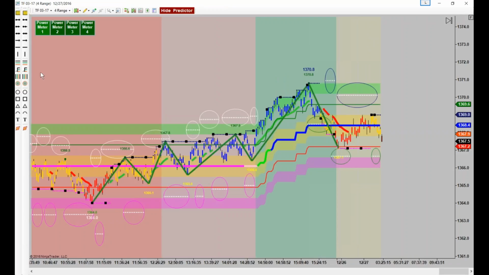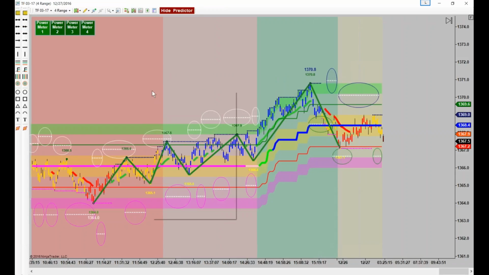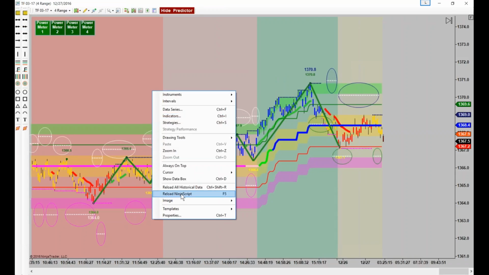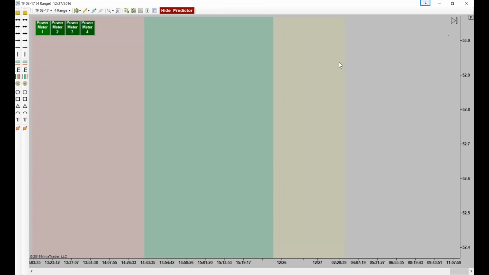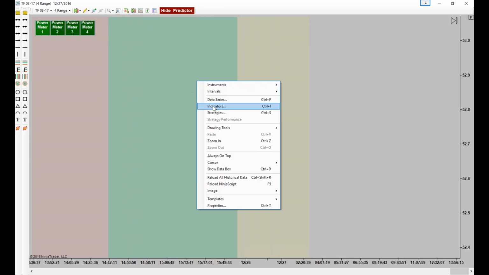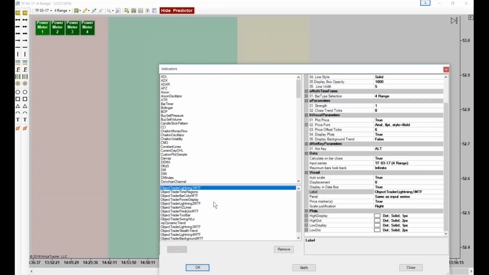Okay. And I don't know why that's got double that. Let me redo the template and see if I can get rid of that. I don't need a double toolbox. I only have one toolbox, don't I?